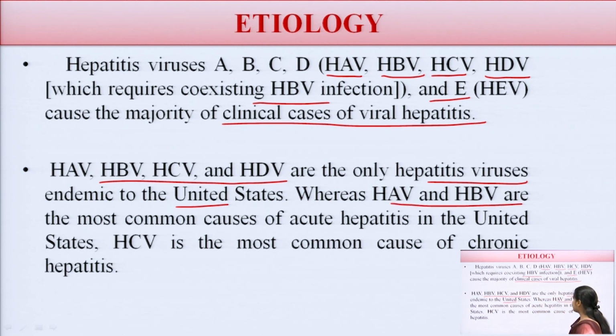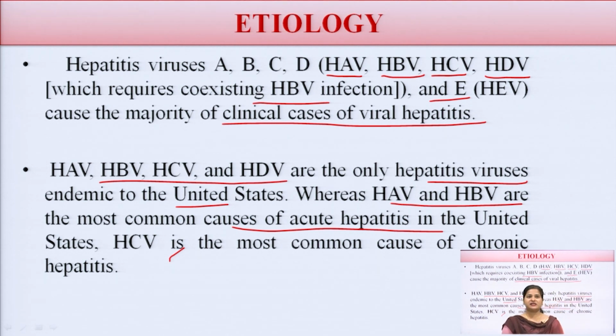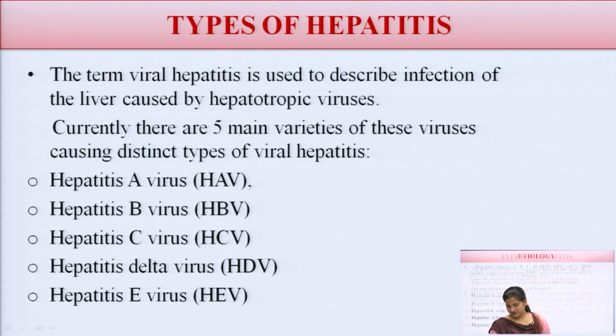HAV and HBV are common causes of acute hepatitis in the United States, and HCV is the most common chronic hepatitis. Hepatitis C is the most common chronic disease, and there is no proper cure for the HCV virus.